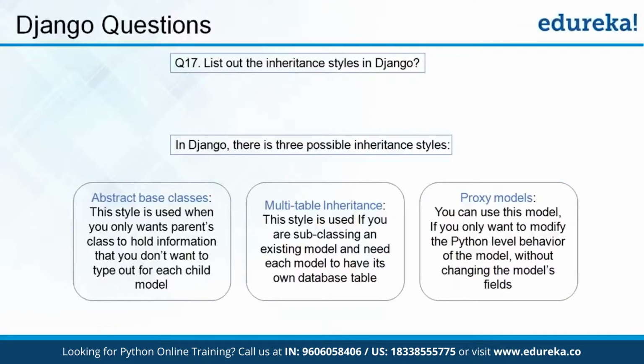So basically you will have a particular parent class, and you would want the parent class to hold information, and you do not want to create it for each and every child class. That is where you use an ABC. An ABC is also used to create classes which are not completely implemented.